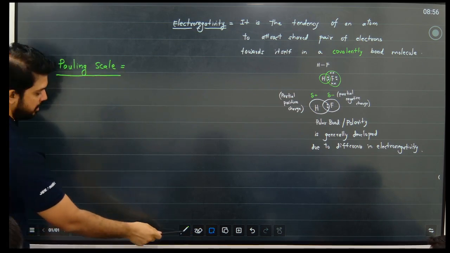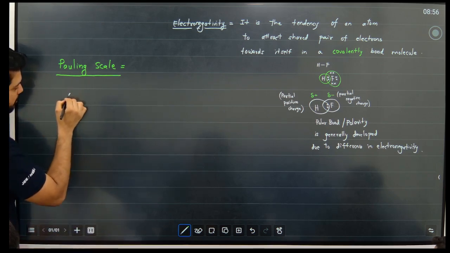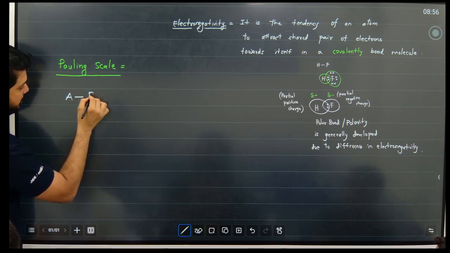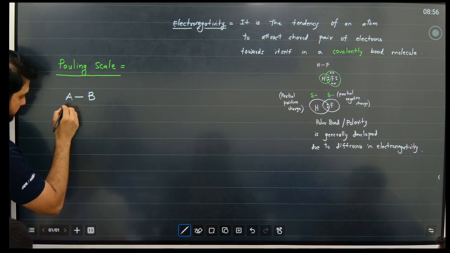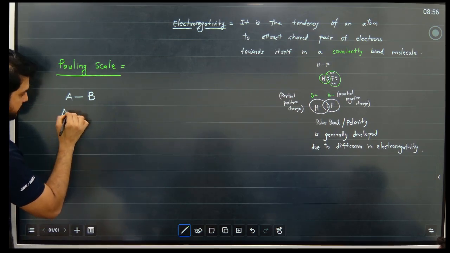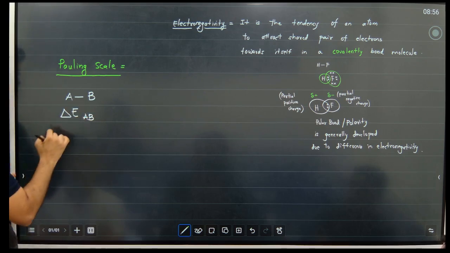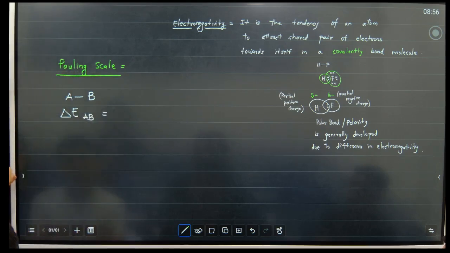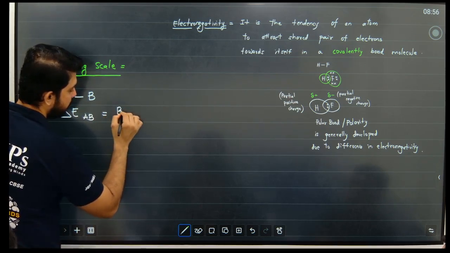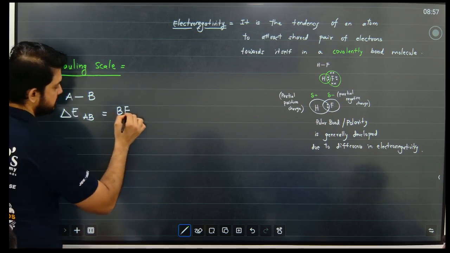Pauling gave a formula to measure electronegativity. He said that let's say there's a bond between A and B. So according to Pauling scale, the difference in the electronegativity of AB, this difference in electronegativity of AB is equal to bond dissociation energy. I'll write the full form iska.